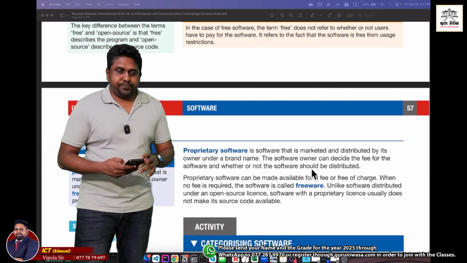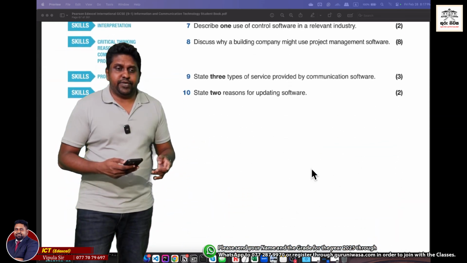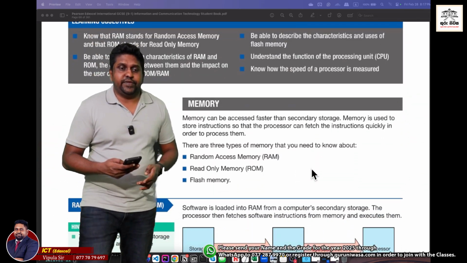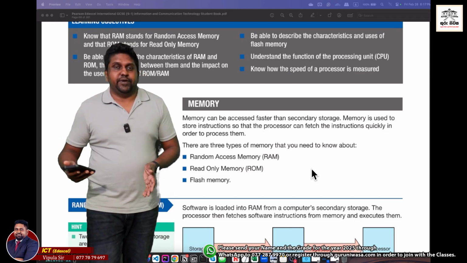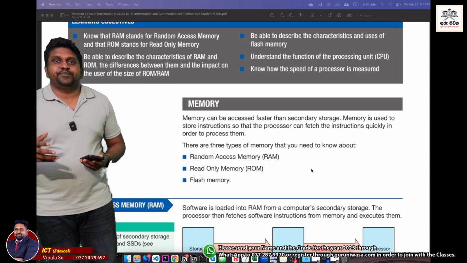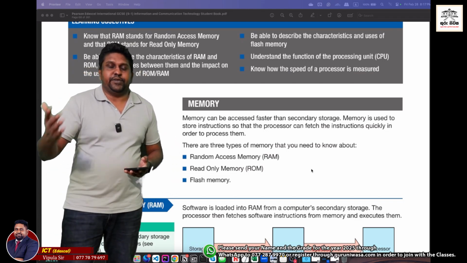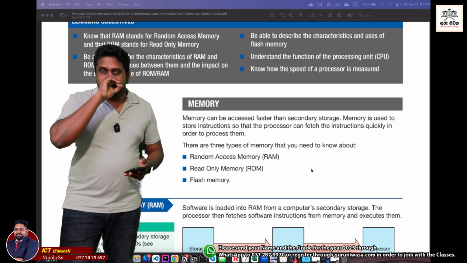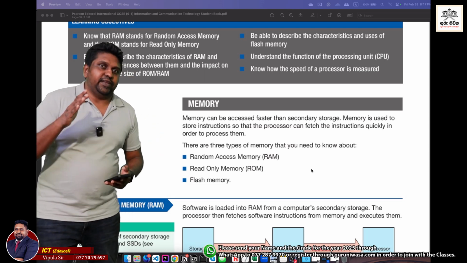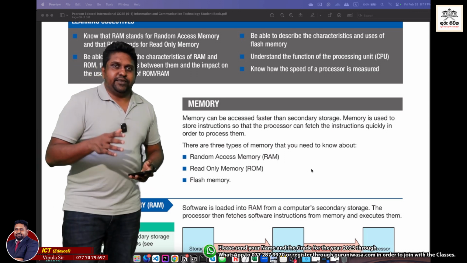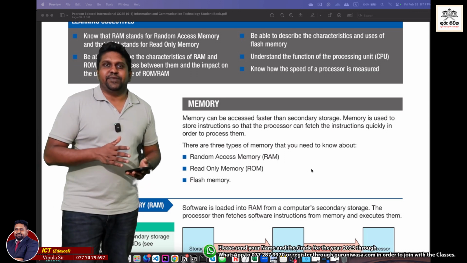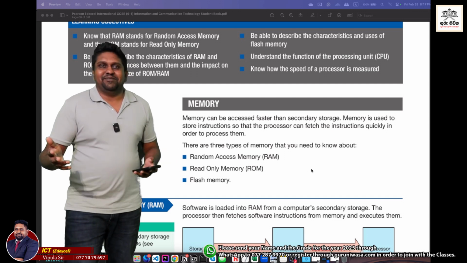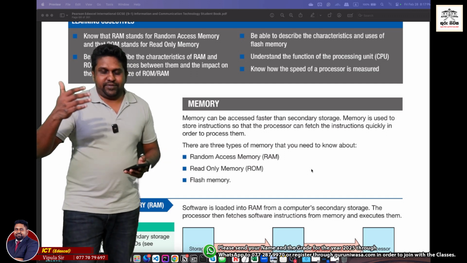So now when we go down to memory and processors, here we talk about this main part. Okay, so how it works is, as I explained before, when you open up a file, it gets copied, and then your file is actually live edited or accessed from the memory itself.